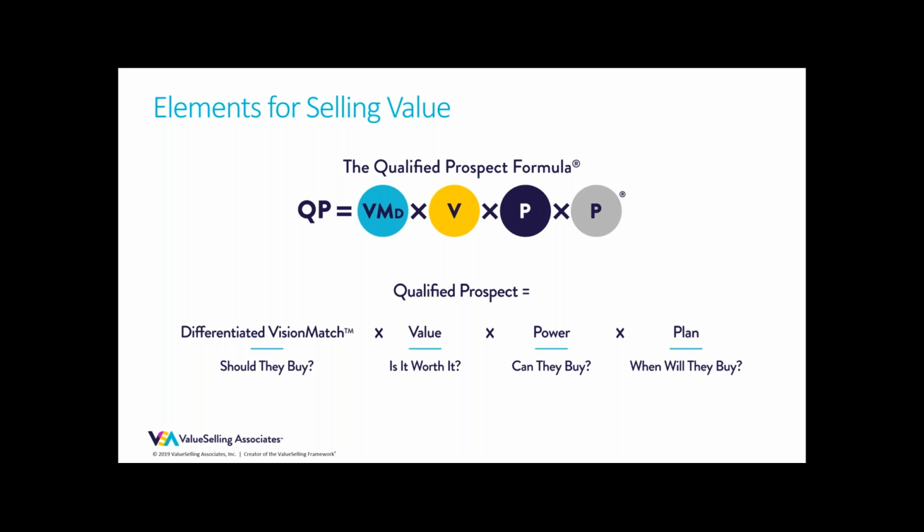Just like I said, our selling process is about replicating or facilitating the buying process. The same is true of a qualified prospect. So we look at this qualified prospect formula from the prospect's point of view. If you pick up the phone and call me and try to sell something to me as the leader here at Value Selling Associates, the first question I need to decide is, should I buy this?